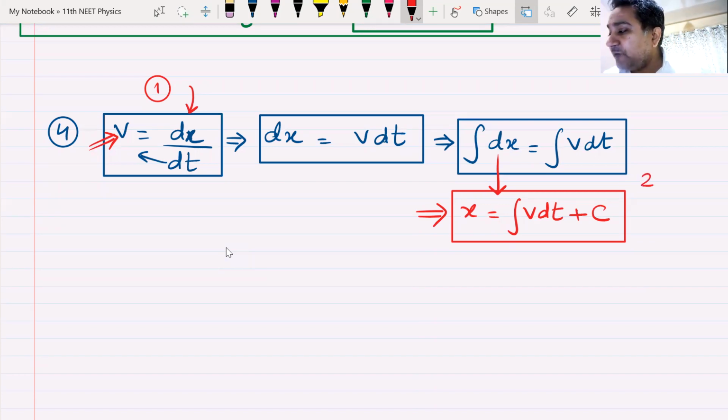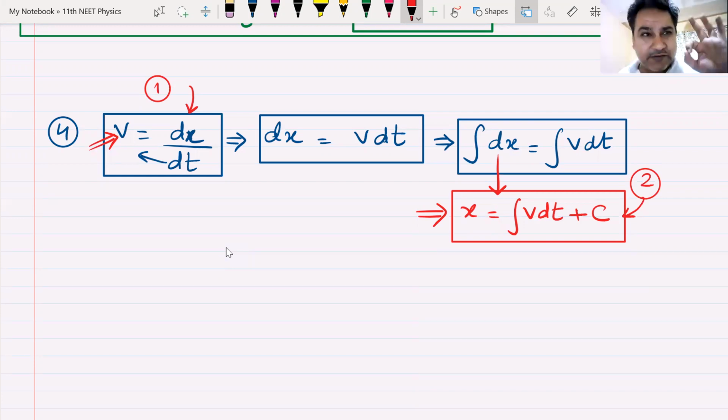When I use the different form of this equation number 2, I can get the value of x if I know the value of v. We'll be doing questions. Don't worry. Don't panic. We'll be doing questions. Do you understand this? Equation number 1, form number 1 is v is equal to dx by dt. Velocity is the derivative of position vector. Equation number 2 is x is integral of v dt plus c.